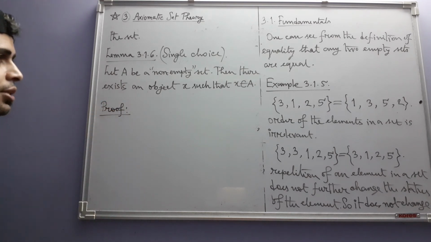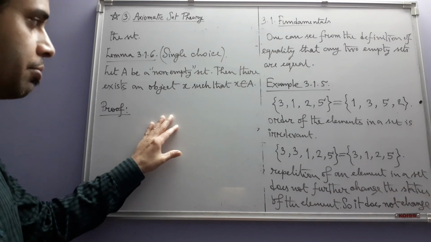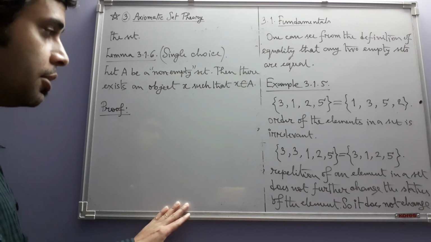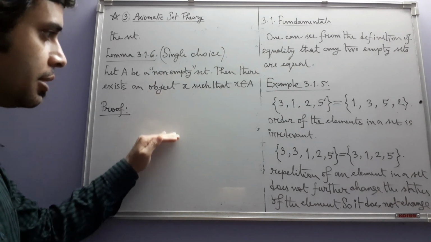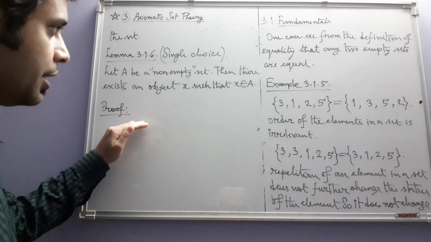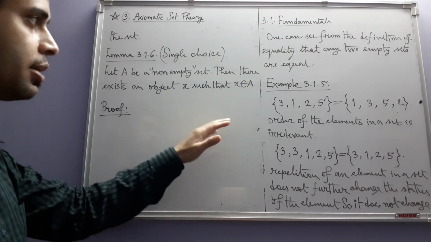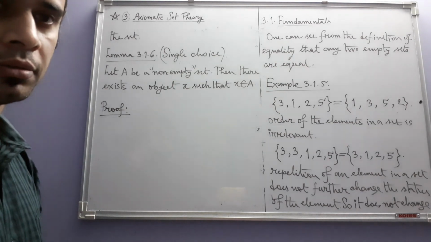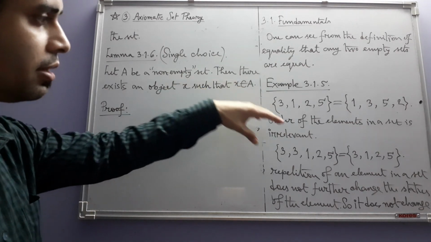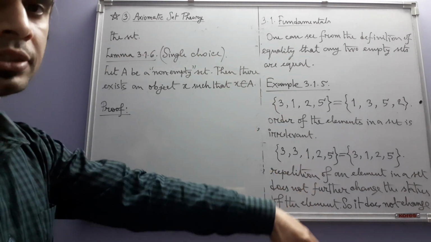Now, why are we being so emphatic about having proofs of trivial statements? It's because we are developing the theory from scratch. So anything we say must have a solid justification, and everything has to ultimately fall upon the axioms.